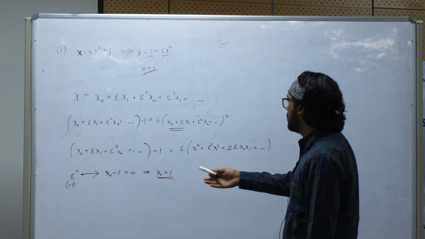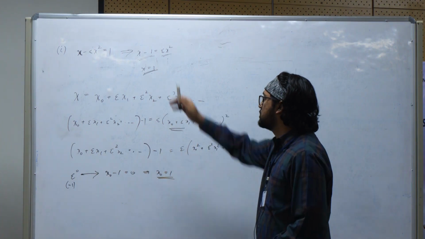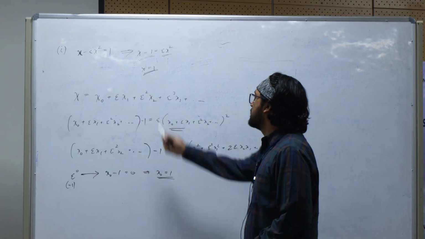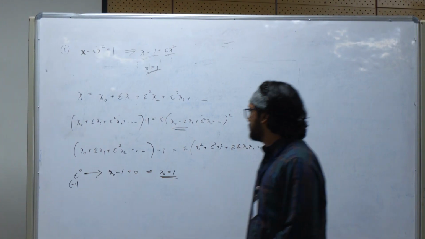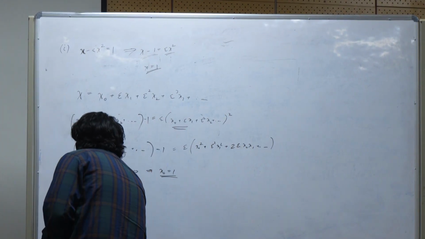So what it means is we're just setting epsilon equal to 0, and what we get is the linear problem. So this is basically the trivial case.